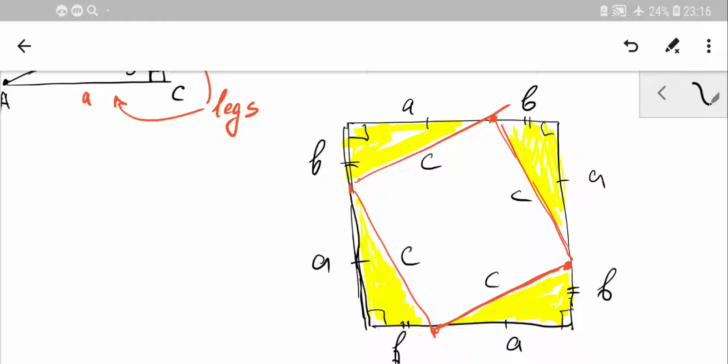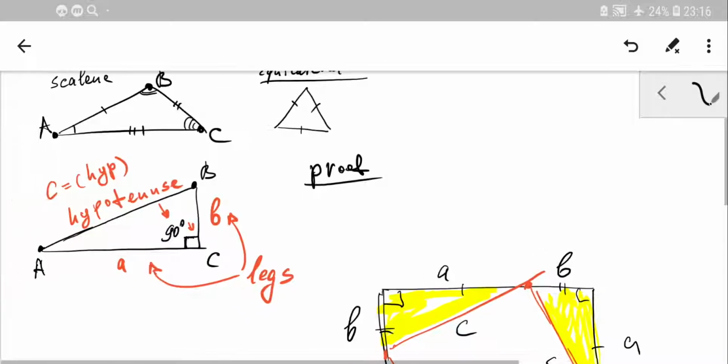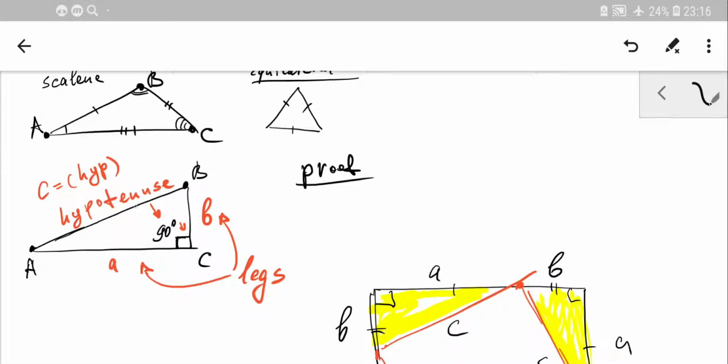Okay, what are we going to prove actually, what Pythagoras theorem is all about. Pythagoras theorem states the following: all three sides of the triangle are connected with the use of one equation.